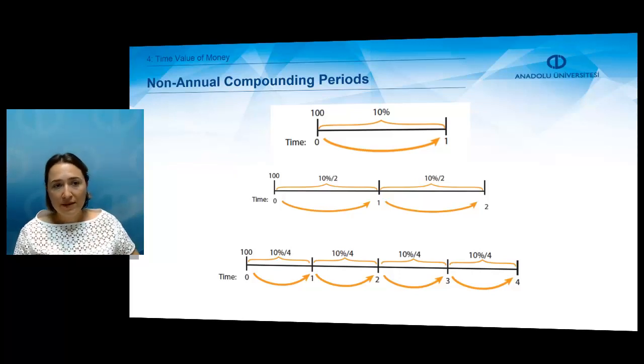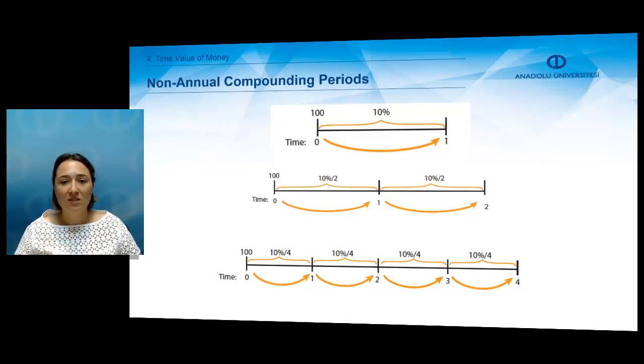The second title is non-annual compounding periods. If we talk about non-annual periods, then we have to think about periods which are shorter than a year. If we talk about 6 months, we have two 6-month periods in 1 year. So if our interest rate is 10% for a year, then our interest rate for 6 months is half of the 10%. This is 5%, because we have two 6-month periods in 1 year.